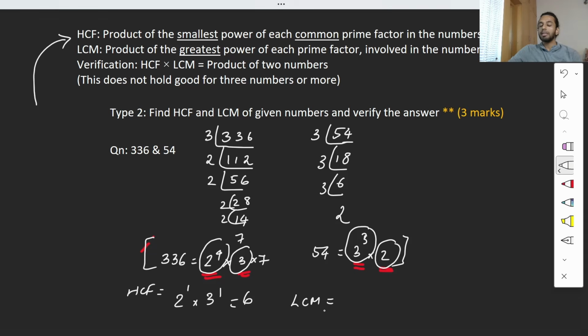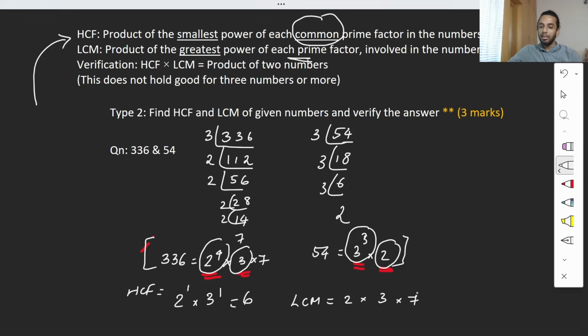When it comes to LCM, we should not take the common numbers, but all the numbers. As you can see on the screen, the word common at the top has been mentioned only for HCF. For LCM, we have to take all the prime factors, which means 2 comes once, 3 comes once, and 7 comes once.